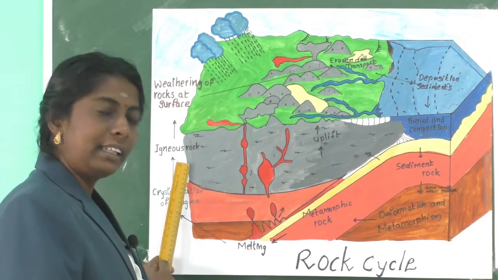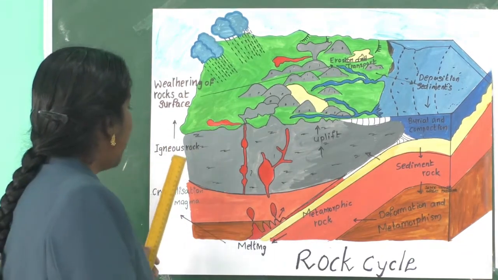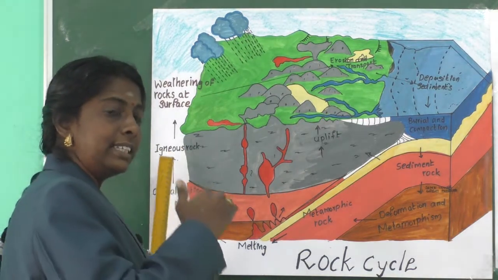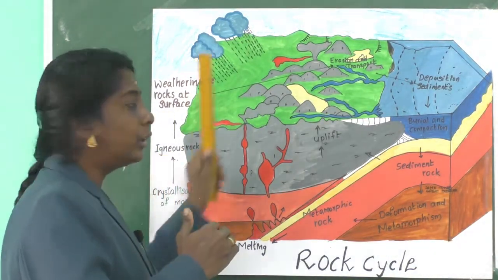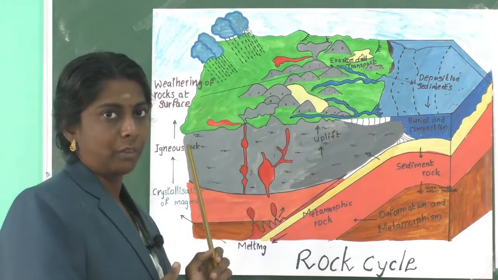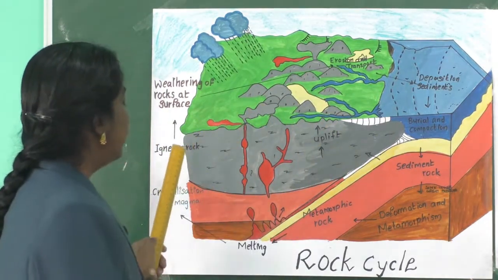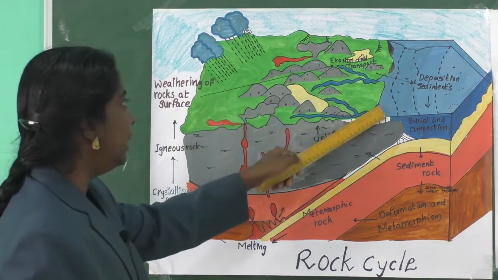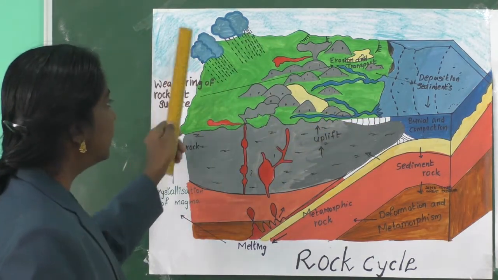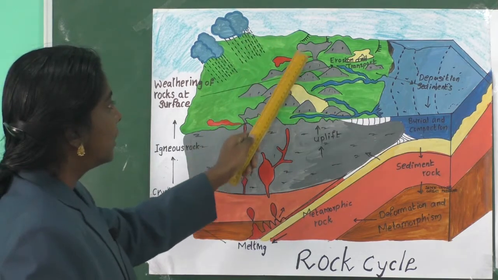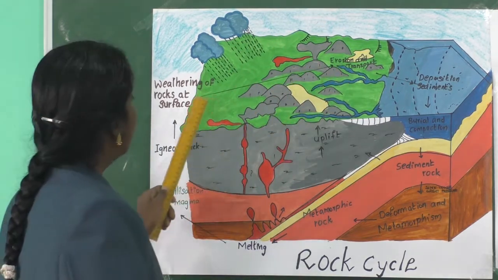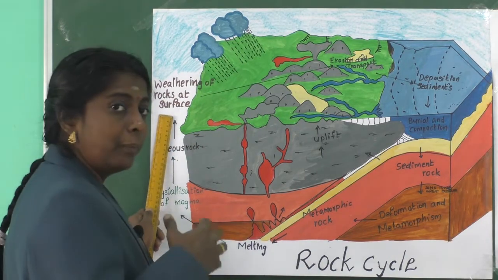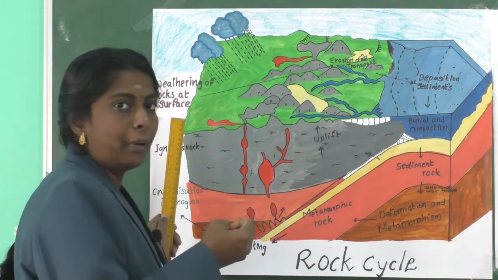Clear children? Yes. So then after that there is a change here. How igneous rock is getting converted to sedimentary rock. What is going on here? See, you can see the picture. This is the earth place. You can see the greenery. This is cloud picture, rain, and then here this igneous rock will break down into smaller particles.